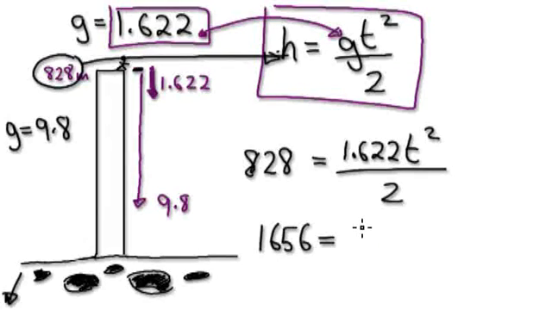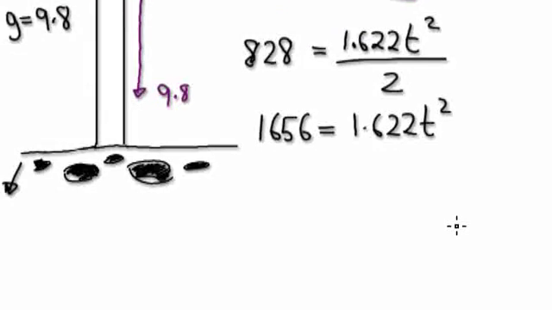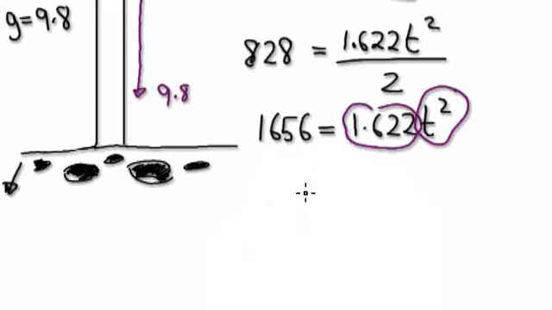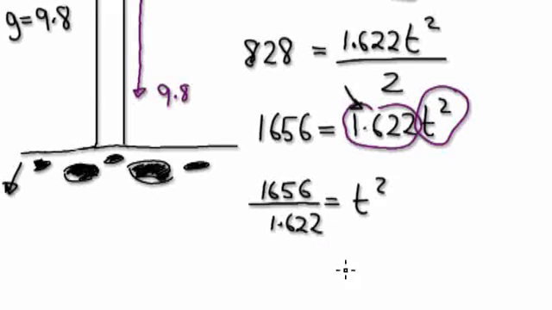On the right hand side it would be 1.622 T squared. You can imagine this as this bubble here multiplying with this bubble here. So let's kill off the 1.622. Inside your mind, divide both sides by this. So 1656 divided by 1.622 equals T squared.